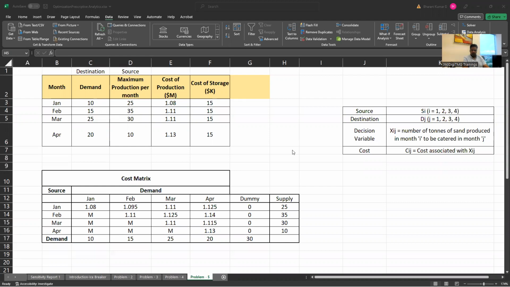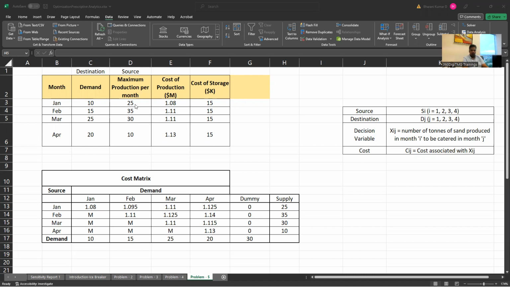Suppose that you have 4 months of information available, Jan, Feb, March, and April. And there is a demand for, say, 10 tons of sand, which is manufactured.